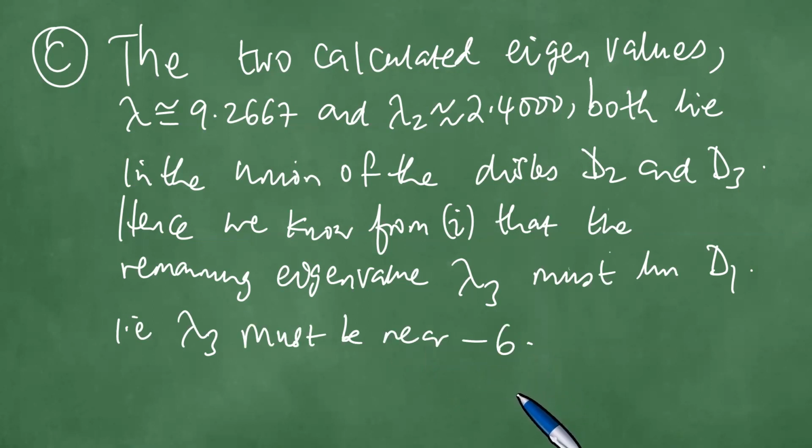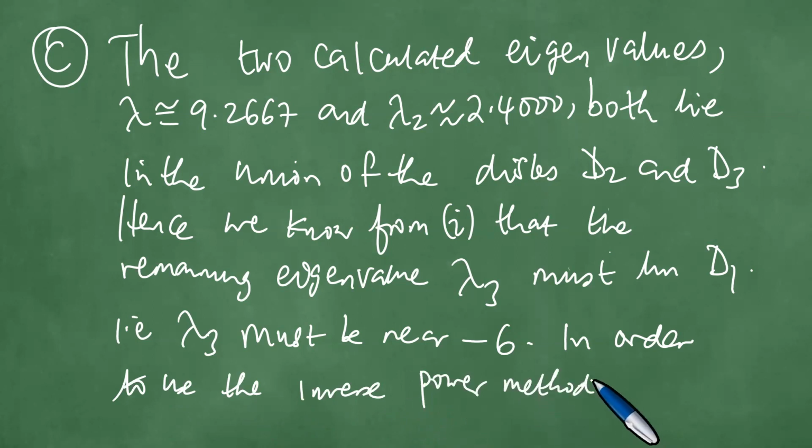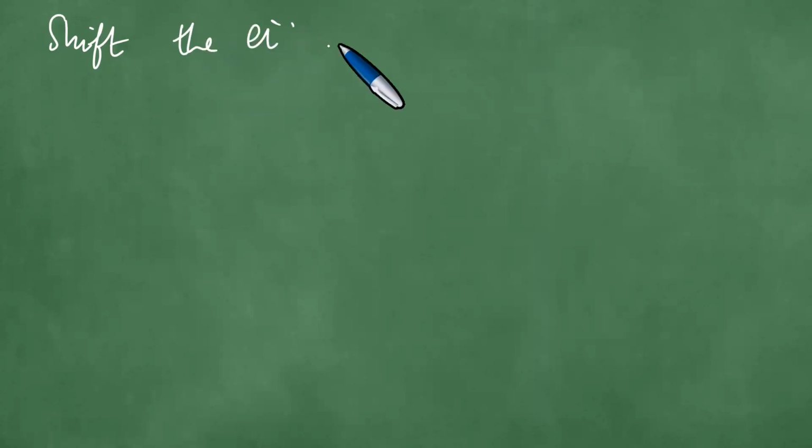When I discuss the Gerschgorin circles, however, in order to use the inverse power method, we must shift the eigenvalues. There's going to be a shift of the eigenvalues.